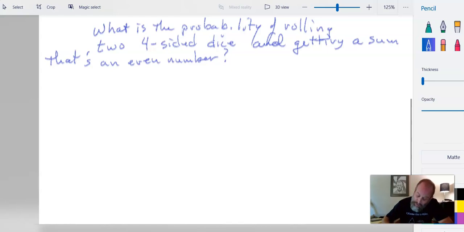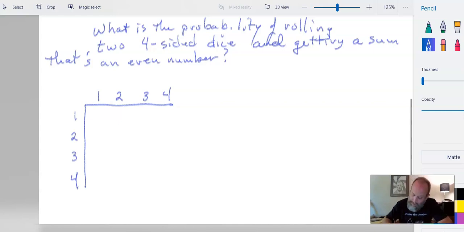One of the ways you can do this is just to make a table of all the possible pairings that you can have. So I like to look at it this way. Across the top, I have the outcomes for die number one. And across the side, I'm going to write out the outcomes for die number two. Right? And in the boxes, I'm just going to put the sums.